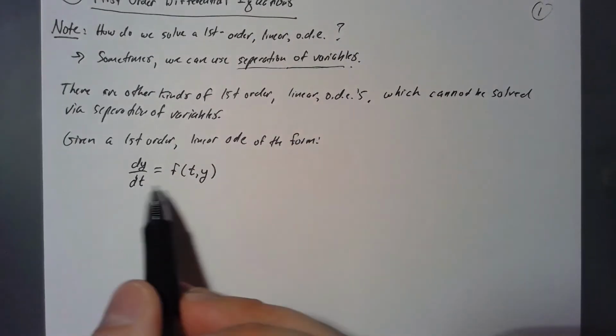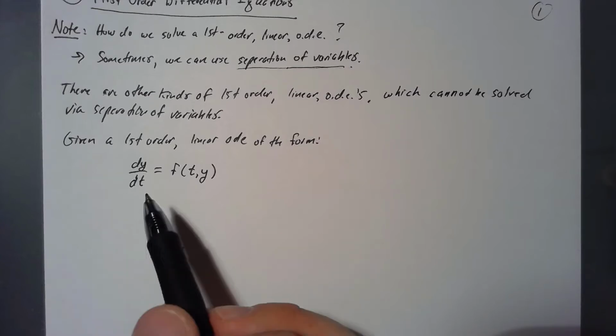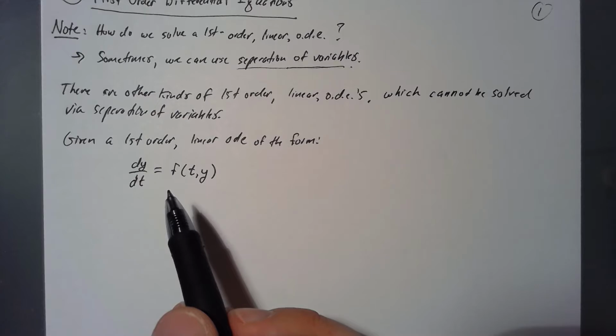So this is the basic structure of a first-order linear ODE.